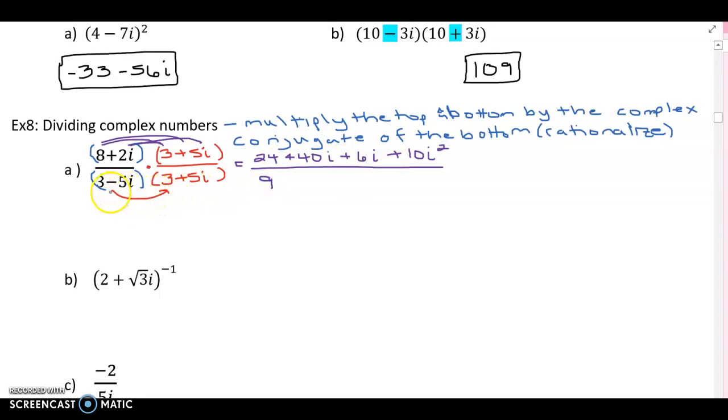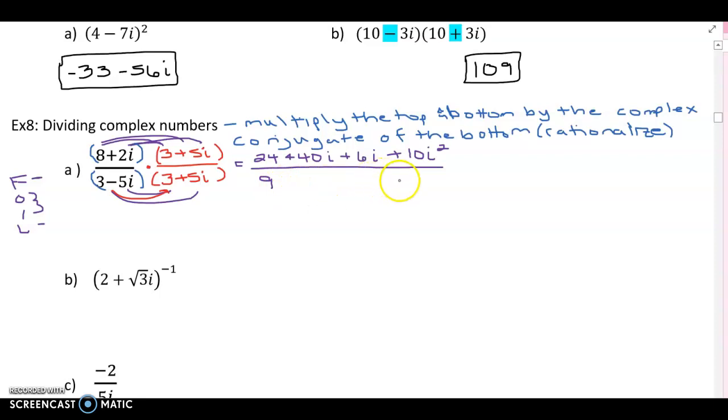Now, as you get better at this, you'll see that 3 times 5i is going to zero out with 5i times 3 because of the positive and the negative. So if you're thinking about FOIL, the O and the I are going to zero out. So we just really have to do the F and the L, which is the first and the last.